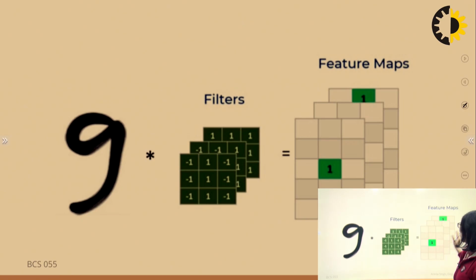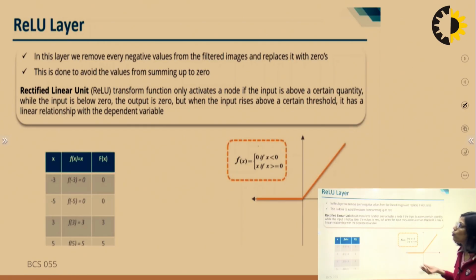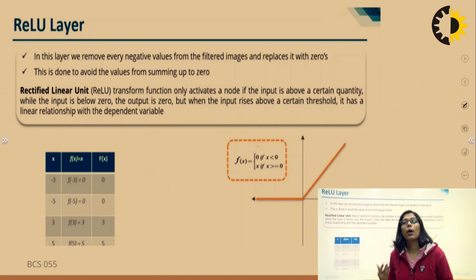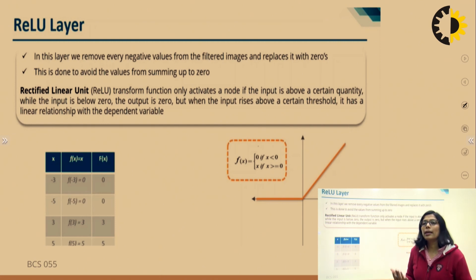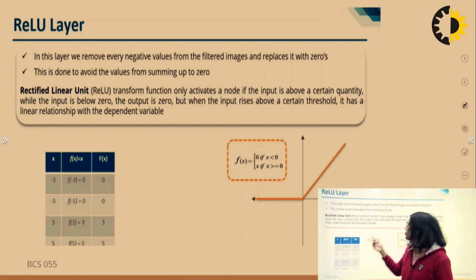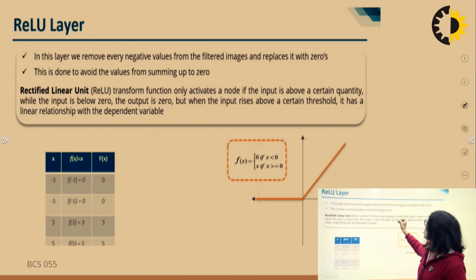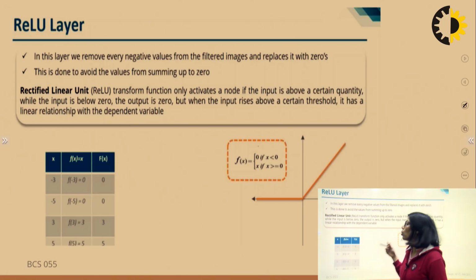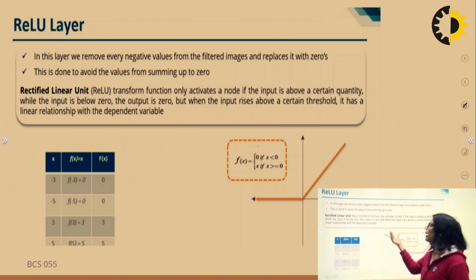When we receive this feature map, we move on to the next layer known as the ReLU layer. ReLU is an activation function which is used to apply non-linearity to the image. ReLU means rectified linear unit.